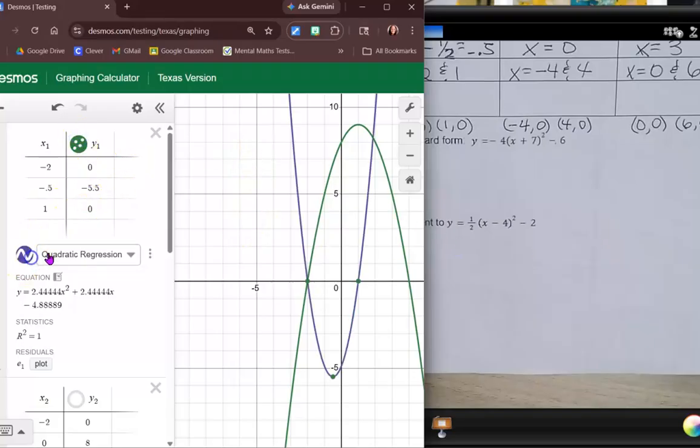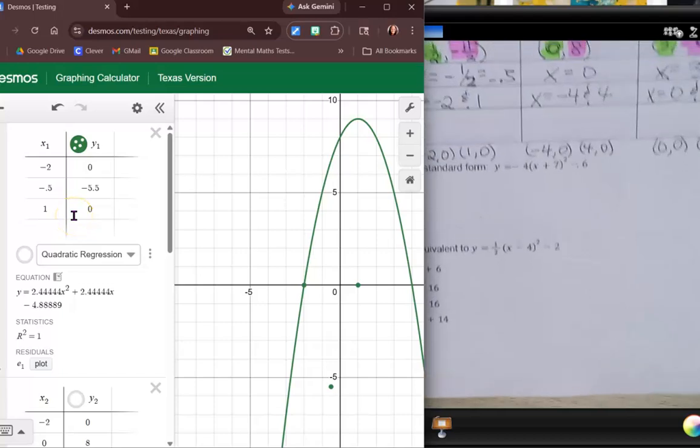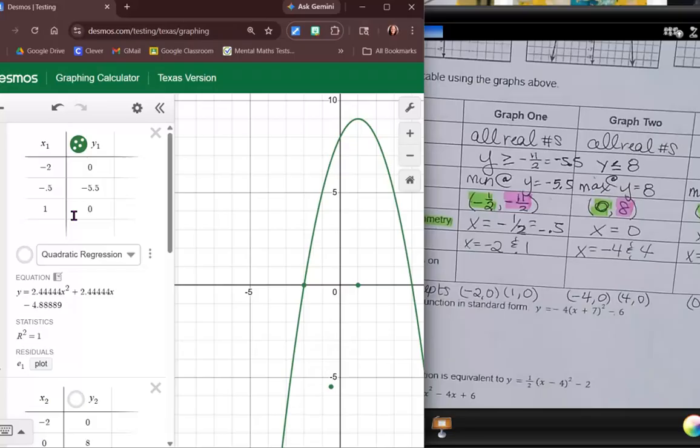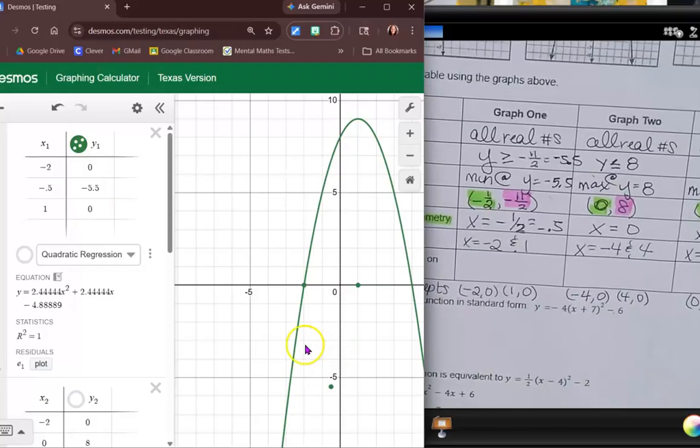So for this first table, I'm going to turn this one on and this one on. Okay, turn on two things. Let's turn those off. And then for my axis of symmetry, which one was this one? This does not look like any of the ones that I wrote. (-2, 0), (-0.5, -5.5), and then (1, 0).